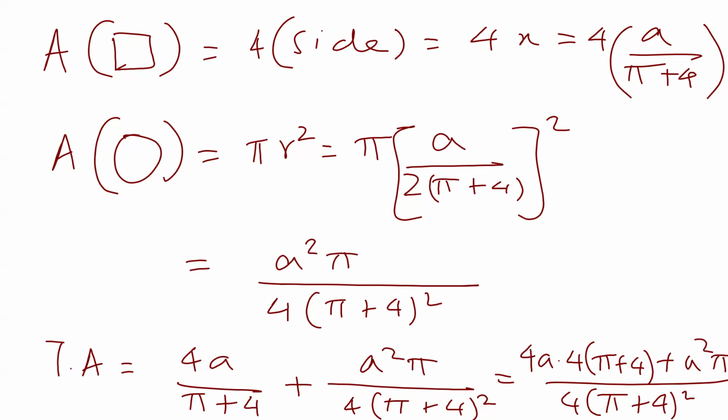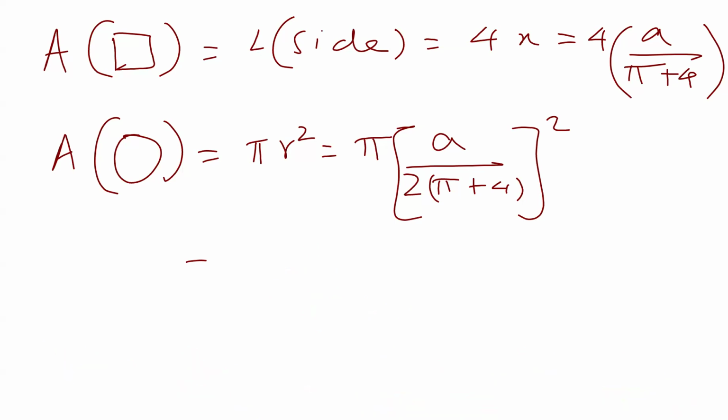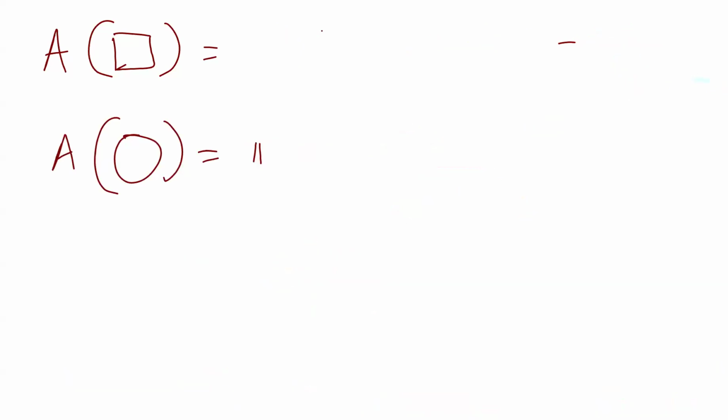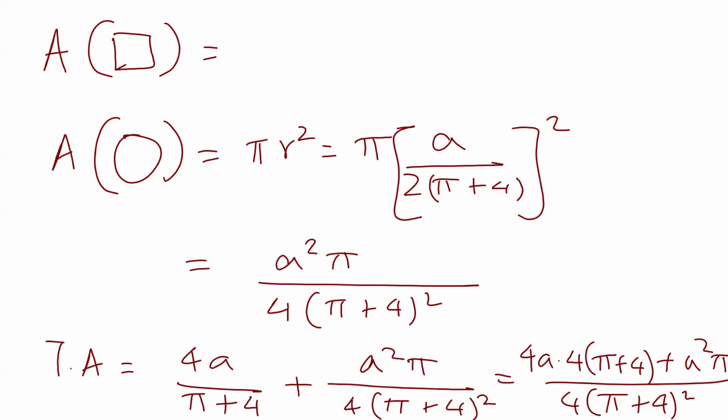So isn't area side square? So why have you done 4 into side? That's why it's x square, not the area of a square. Yeah, I'm really sorry. I took the perimeter. So this is x square. Side square, x square.